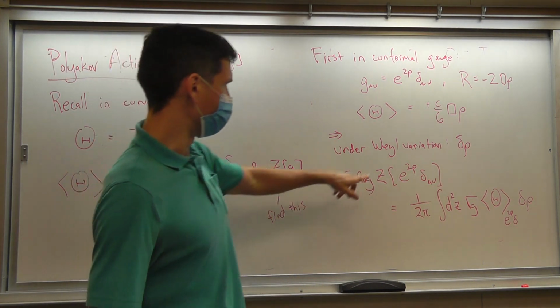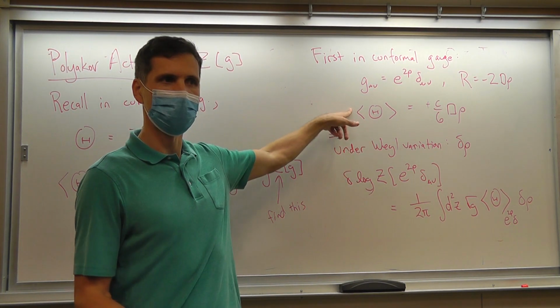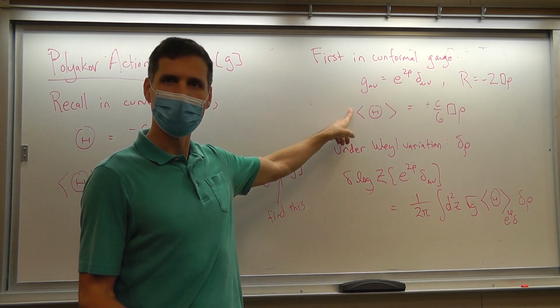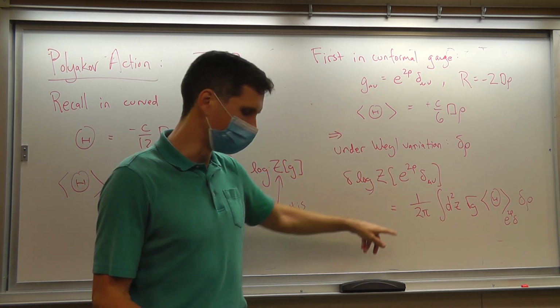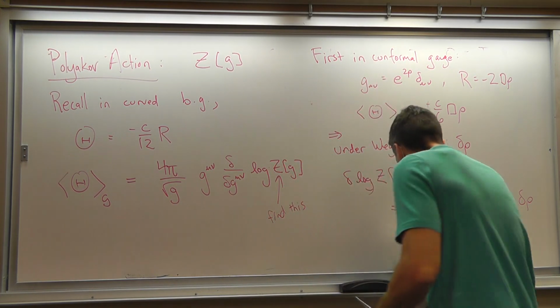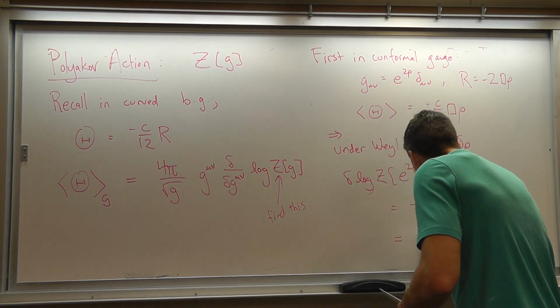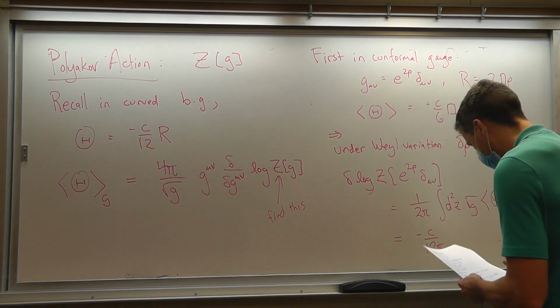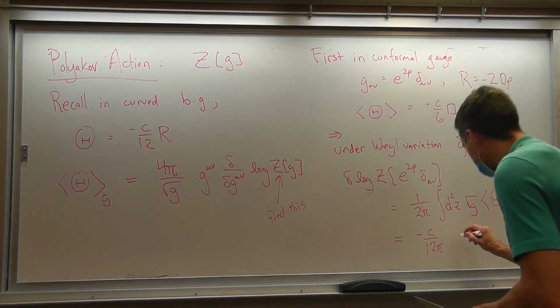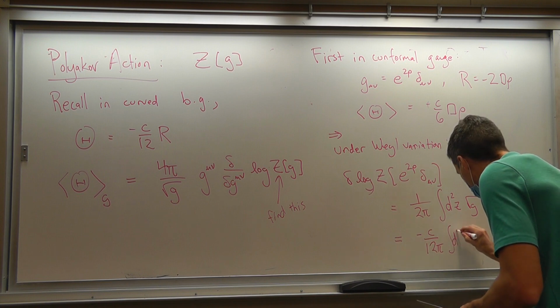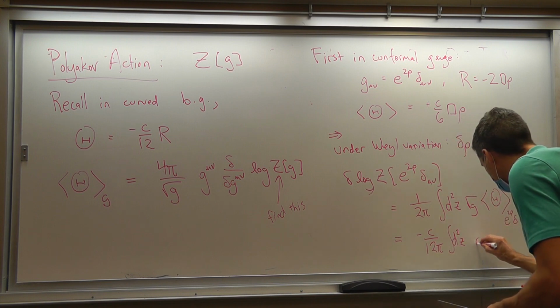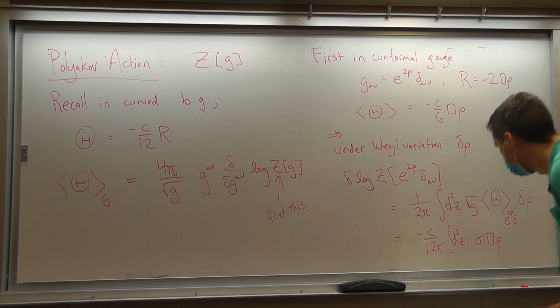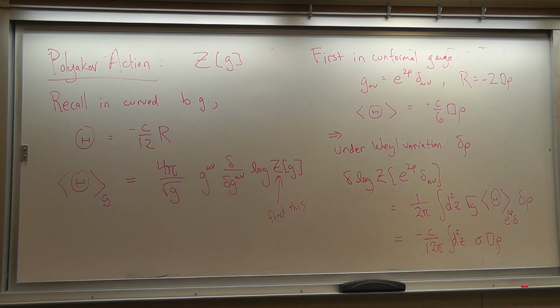So if we use the trace anomaly equation here and just plug it in, then we get minus c over 12 pi integral d2z rho box rho. Okay, and that sign problem has come back. I believe this was supposed to be minus.